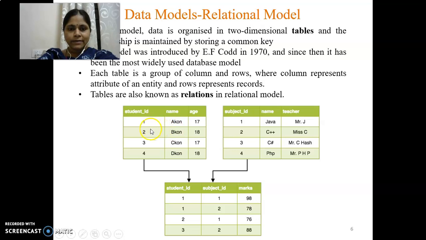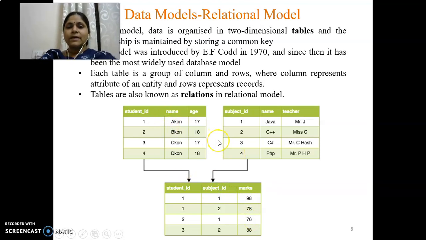I will go to this table. What is the student ID? 2. So student ID is 2. And next, what is the particular name of the subject we want? We will see here. 2 has only one subject ID, 1. And his marks are 76. In this way, for a particular student and his subject, we will get the marks here.